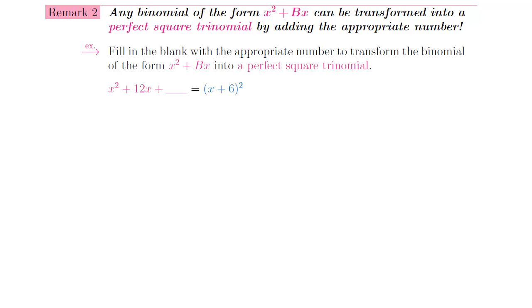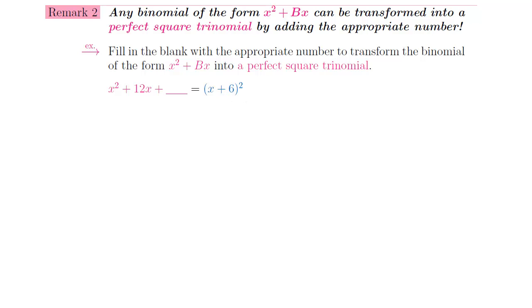For example, let's fill in the blank with the appropriate number to transform the binomial of the form x squared plus bx into a perfect square trinomial. That is, we want to take x squared plus 12x and add to it a number so that this polynomial will factor as the binomial square, x plus 6 quantity squared.